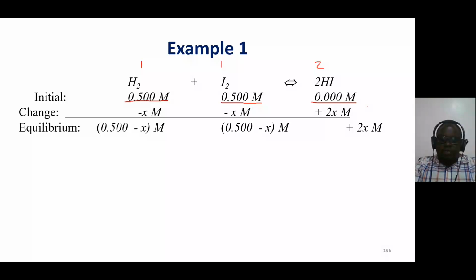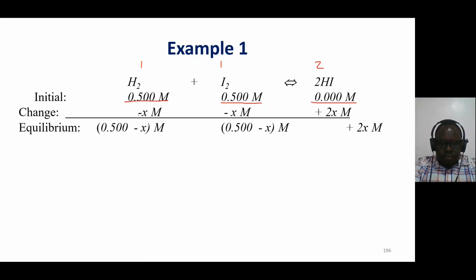As it moves towards equilibrium, there's a certain change that the concentrations undergo. So if we say the concentration of H2 changes by, it reduces, because it is reacting to produce HI.